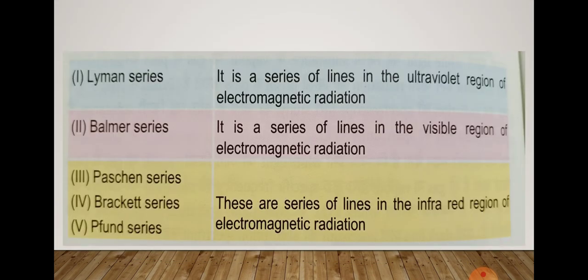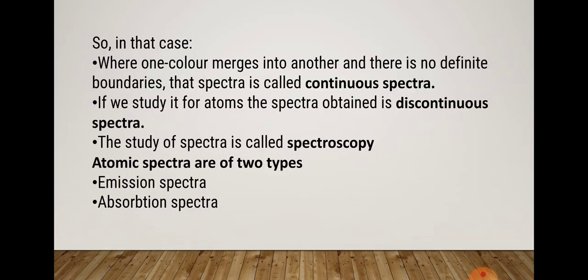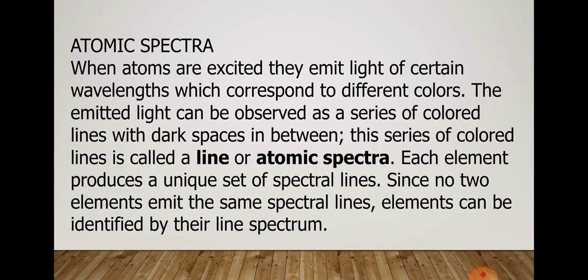These series, Lyman, Balmer, Paschen, Brackett, Pfund, are found in different wavelength regions. The Lyman series is a series of lines in the ultraviolet region of electromagnetic radiation, the radiation which I have shown you.